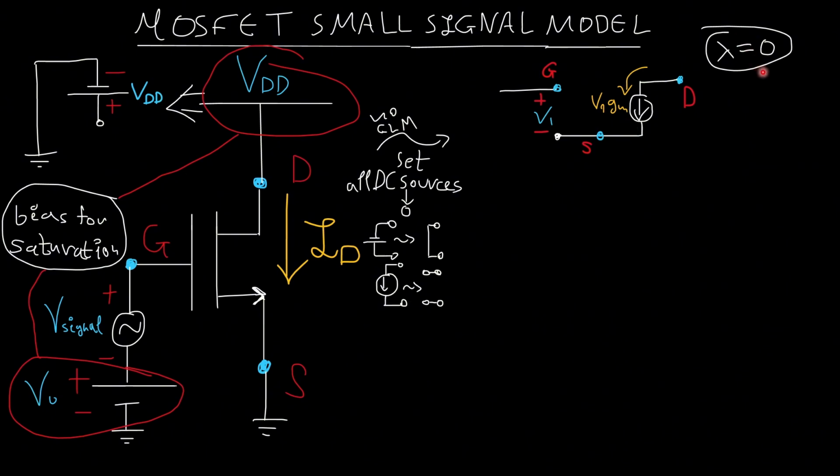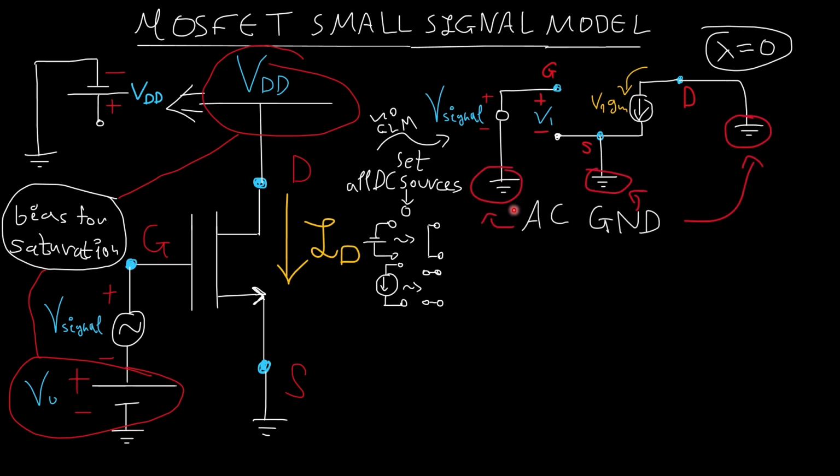And there is a dependent current source between the drain and the source of V1 gm. In case lambda is equal to 0, in case we don't have channel length modulation, the drain is going to be connected to the ground. You see it, why? Because this battery is going to be short-circuited. The source is connected to the ground, and the gate is going to connect to the variable signal, and this short circuit would be grounded. This is called the AC ground.